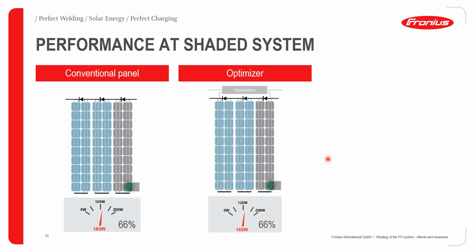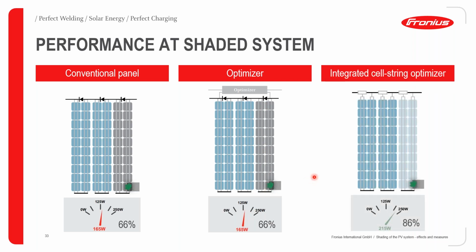For a system that is using an optimizer, and this is now an argument that you can use against incurring extra costs to purchase optimizers, you would still have nearly the same output as a conventional panel without an optimizer added on, and therefore you're still stuck at 165 watts with one of the strings in the panels shaded.